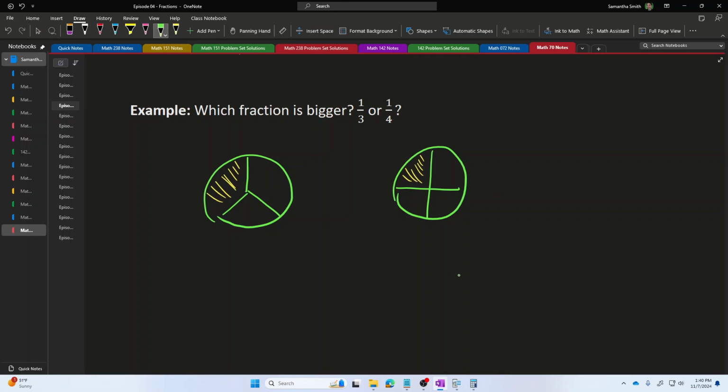So because of that, if I was going to compare these two, I could say that 1/3 is bigger just based on the picture.